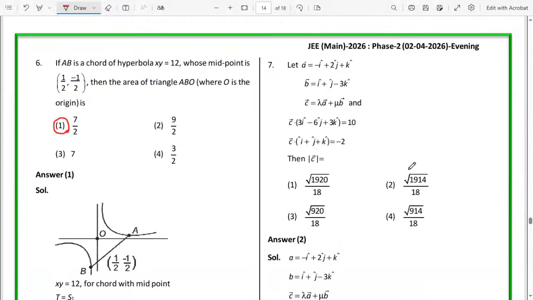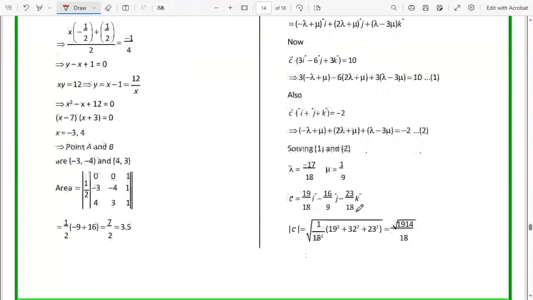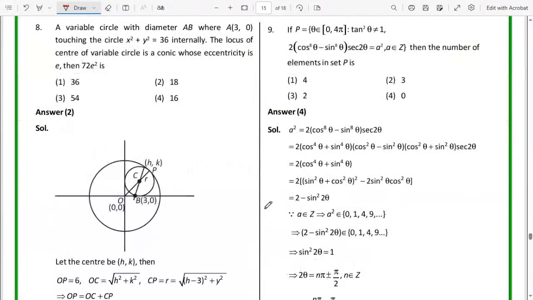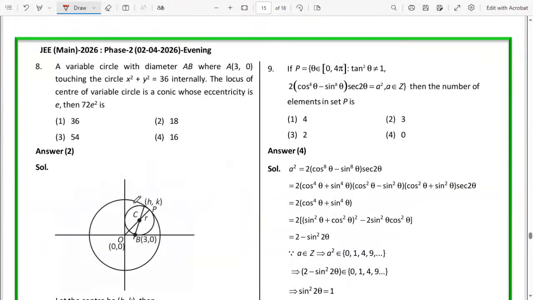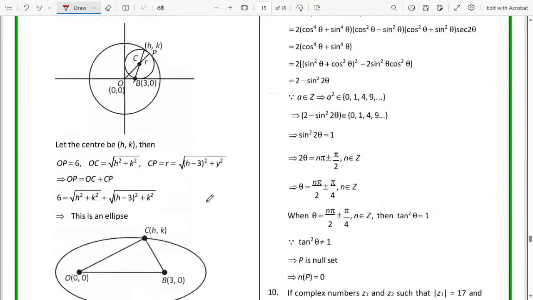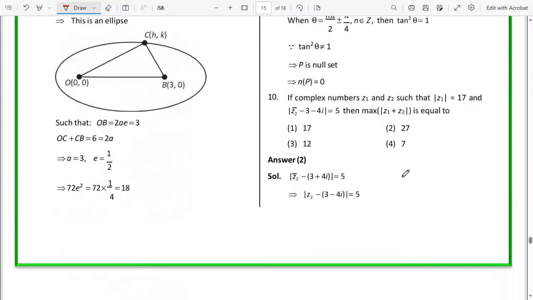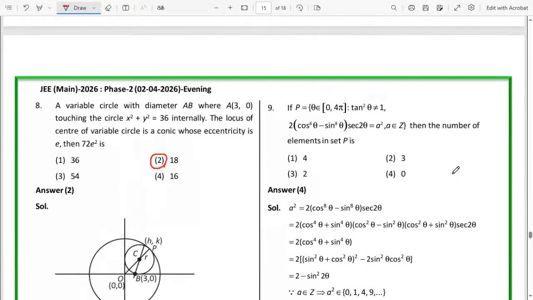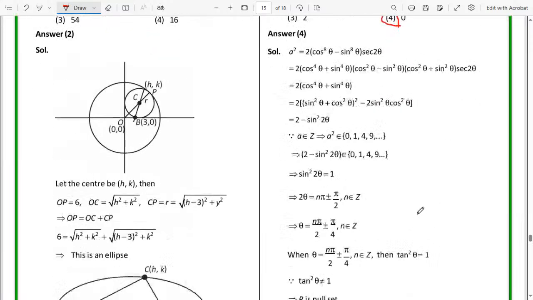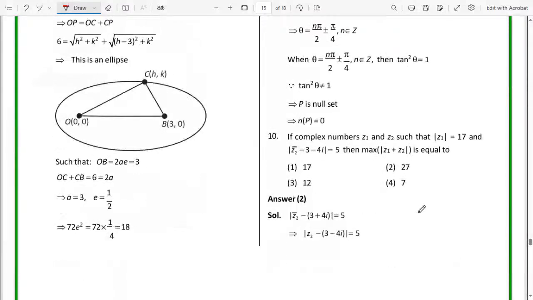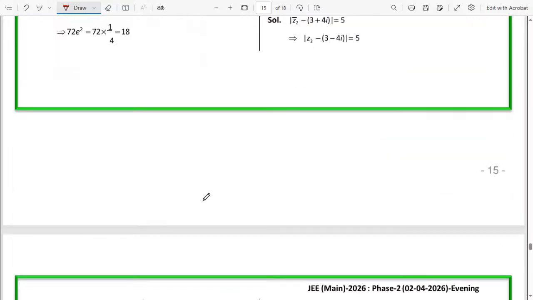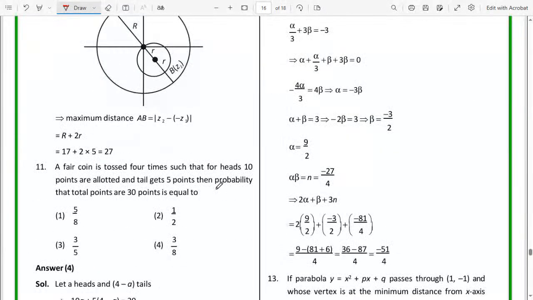Yes. Question number 7. Option 2 is the correct option, students. Next, question number 8. Option 2 is the correct option. Question number 9. Option 4, 0, is the correct option. Next, question number 10. Option 2 is the correct option, 27. Next, question number 11.